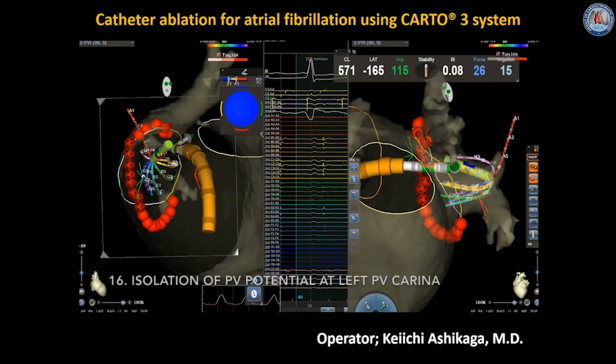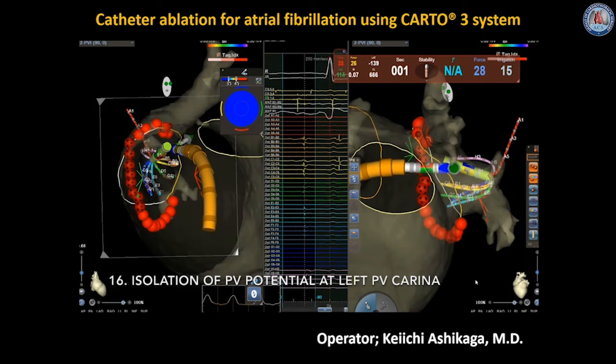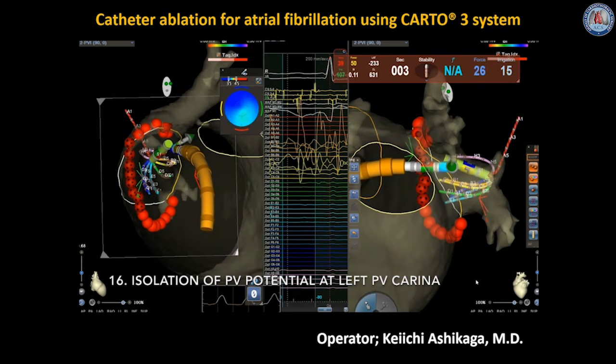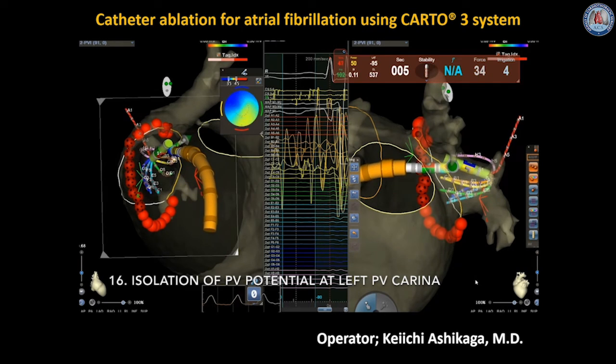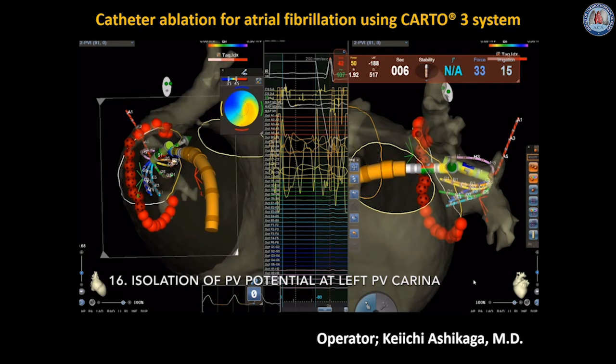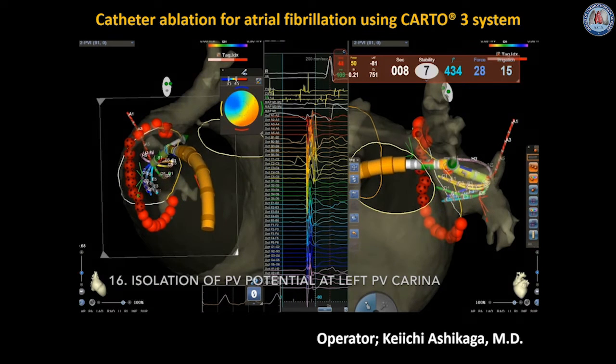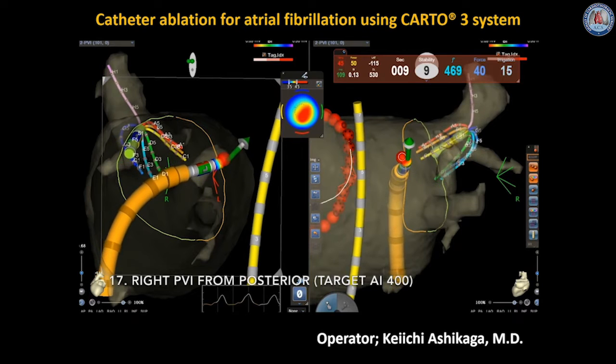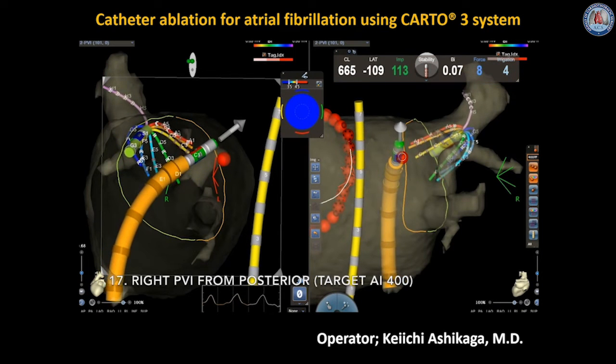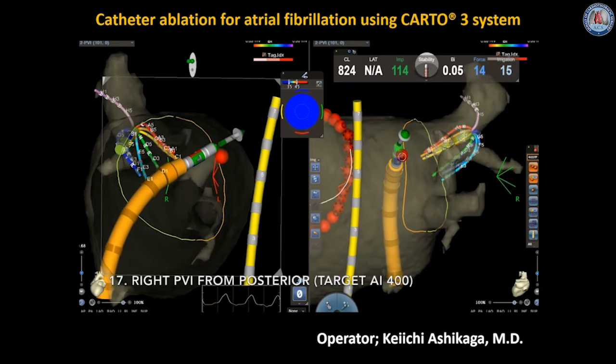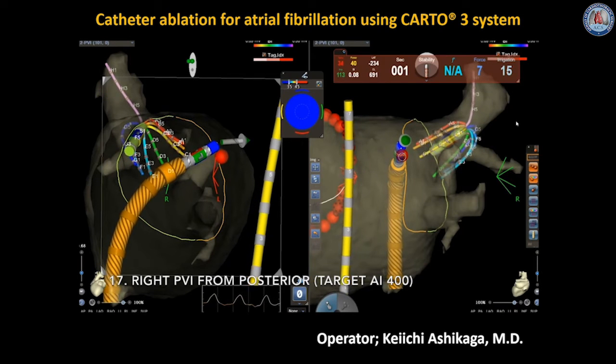We can see the pulmonary vein potentials here, these small potentials, and then the potentials have now disappeared, which confirms that the pulmonary vein isolation is completed. Here we see the same procedure for the right pulmonary vein isolation.